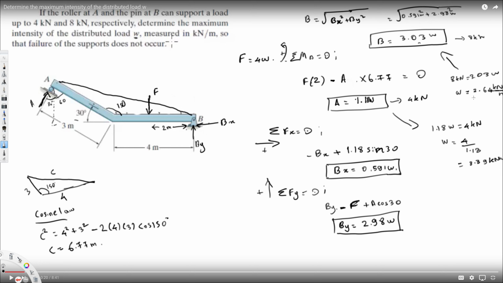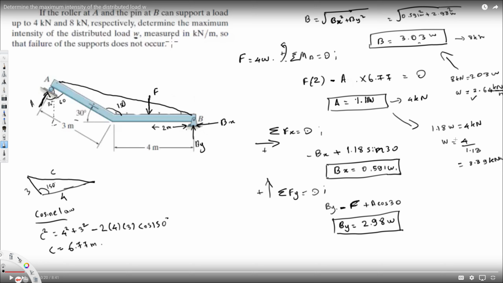We have to choose this one, 2.64. You may ask what happens. This is also below, like we have 4 and 8. This is also below 3.39. So why are we not taking it? That is a good question, because they are saying this should be the maximum.